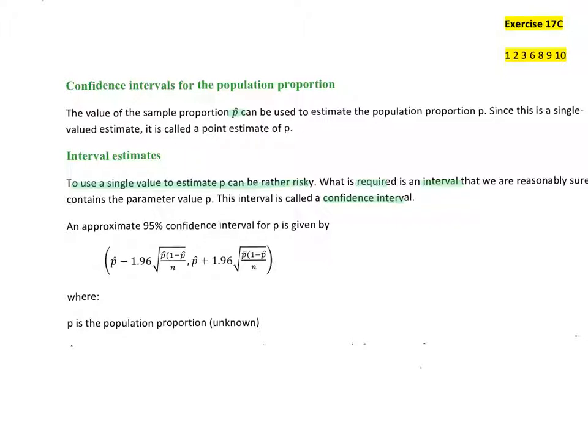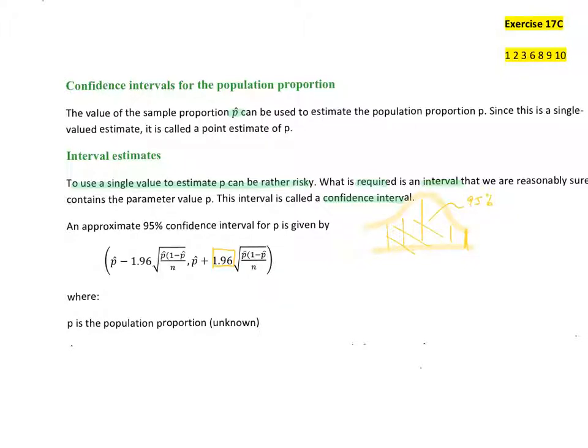Now we know previously that with our normal distribution, basically within 2 standard deviations of the mean is 95% of our data, isn't it? Now what we can actually show on our calculator is that it's not quite 2 standard deviations. In fact, it's exactly 1.96 standard deviations.